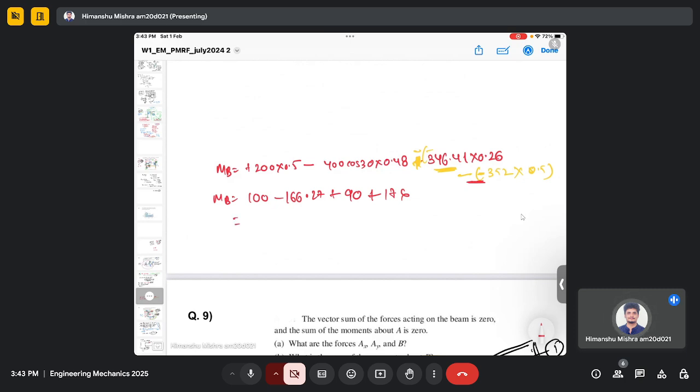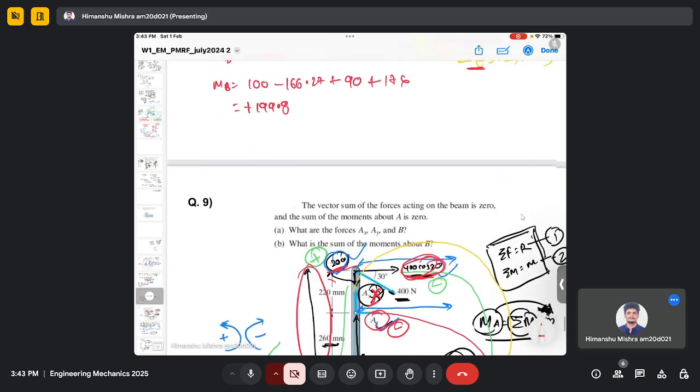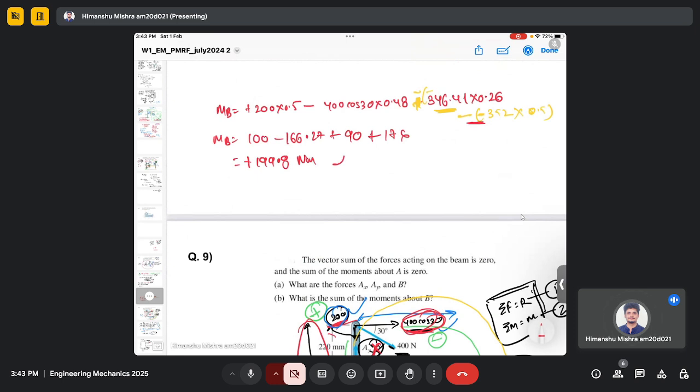So it will come out to be positive 199.8 Newton meter. It is actually a counterclockwise moment at point B.